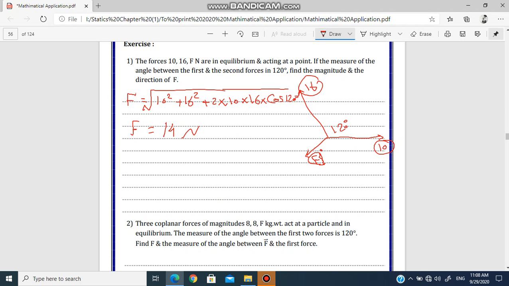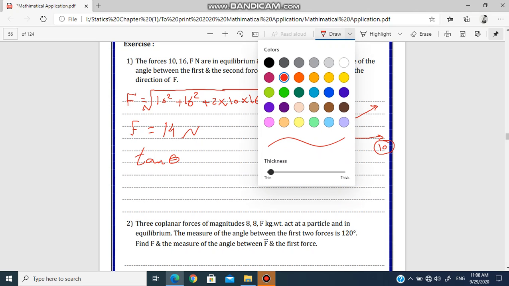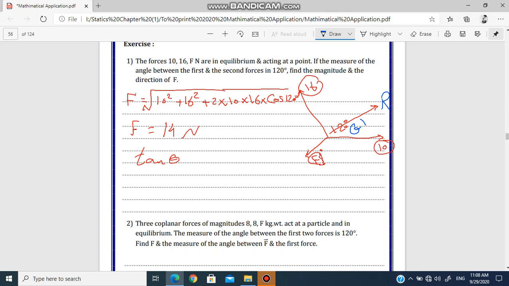The direction of F you can get by tan theta. This is equivalent to F, this is R. Tan theta equals F2 sine alpha over F1 plus F2 cosine alpha.